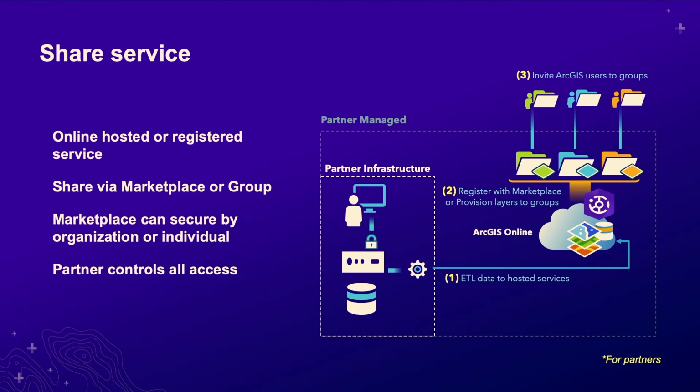Or you can just use what is called group sharing, where you can set up groups that you share your hosted feature service into, and then you can invite users to those groups who access your content. So both of these patterns are very popular and successful today, and are available to you as a partner.